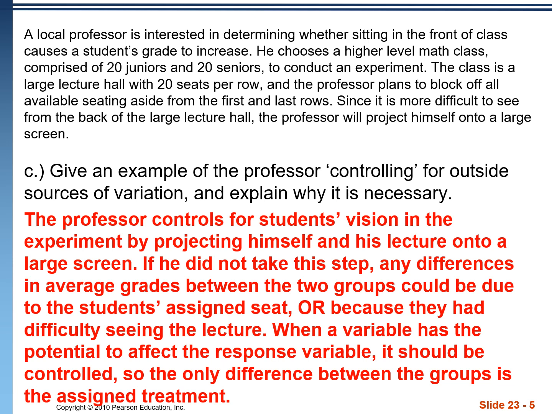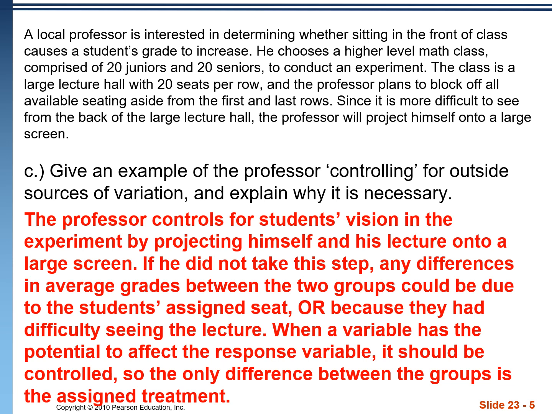So we're going to neutralize that source of variation by projecting the professor and his lecture on the large screen in front of the room. If he didn't take this step, we have two possible explanations for why the grades may be different between those two groups. It could be because of the seat they chose, or it could be because of their vision and how difficult or how well they could see the actual lecture.